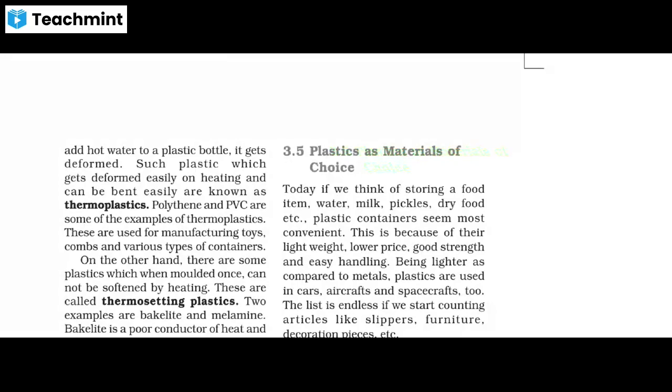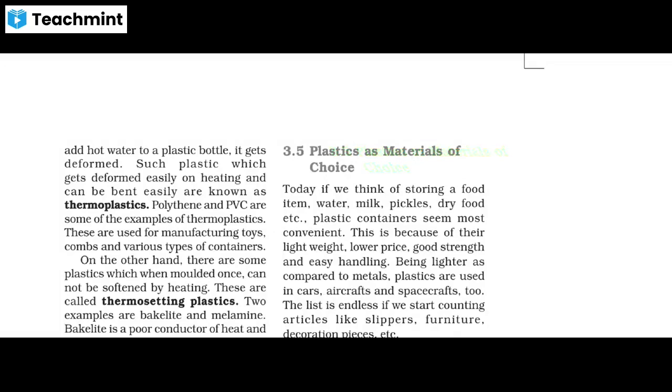Just a statement: plastics which, when molded once, cannot be softened by heating are known as thermosetting plastic.